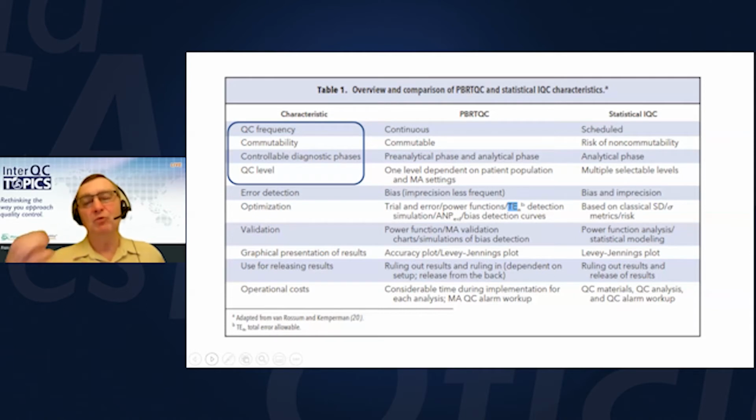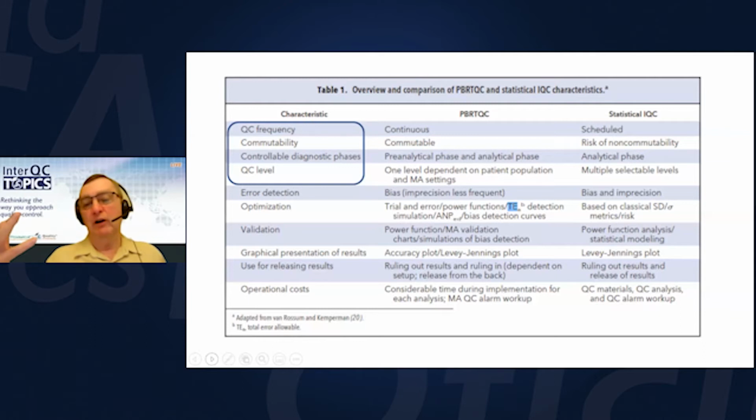As I said, if you collect the information about the sample and where it's collected, you can detect things like poor collection process or transport problems. One of the problems with patient-based real-time QC, though, is that it's an average or a median for all the sodiums, for example. So you only have one level, and effectively, it's the middle of your reference interval for your population.